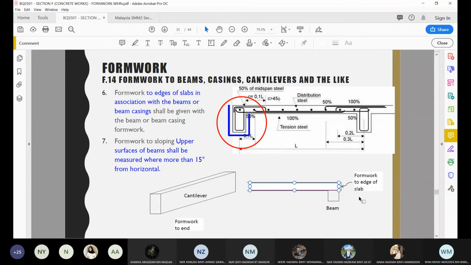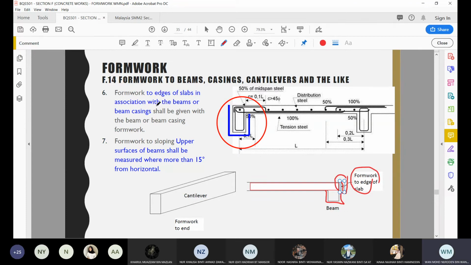Okay. So, slab ni, kalau ikutkan kita ada beam bawah, kawasan formwork akan jadi macam ni lah. Ni kawasan formwork untuk edge of slab. Ni untuk side and soffit of beam lah. Side, soffit, side. So, kalau macam case macam ni, okay, we are saying formwork to edges of slab, which refer to this side, this area, yang ni.